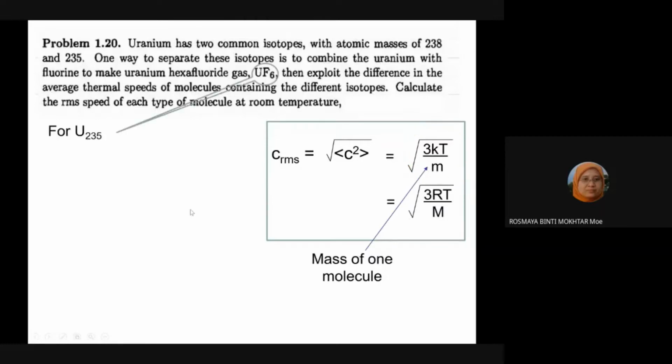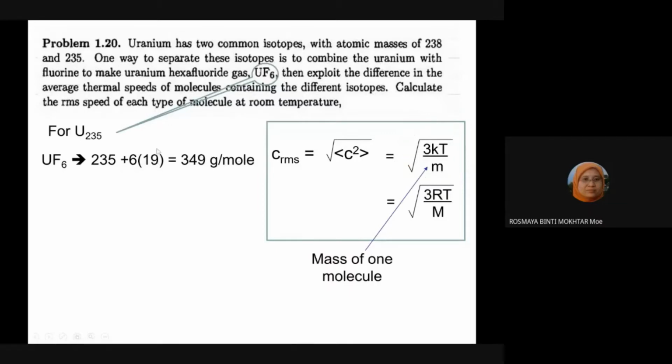So we do uranium 235. The total is in grams per mole, because 235 is grams per mole. So 235 plus 6 times 19 equals 349 grams per mole.